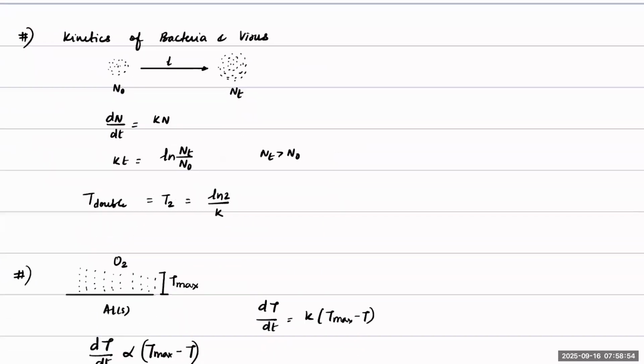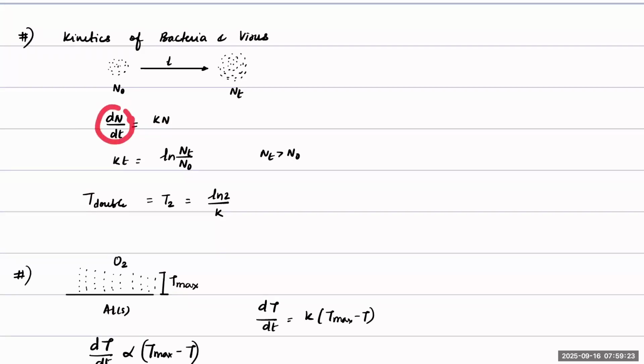Right. Next one is about kinetics of bacteria. How do we check out bacteria? See, bacteria usually increase over time. Bacteria or virus. Initially, if you have n naught number of particles, after some time it will become nt number of particles. dn by dt is equal to k into nt, where nt is the number of particles at time t.